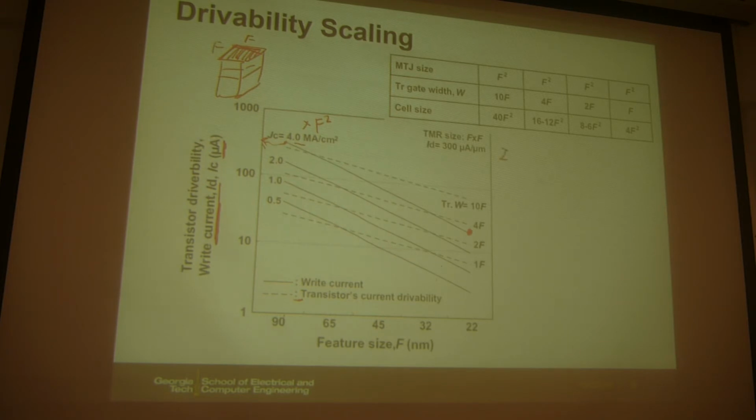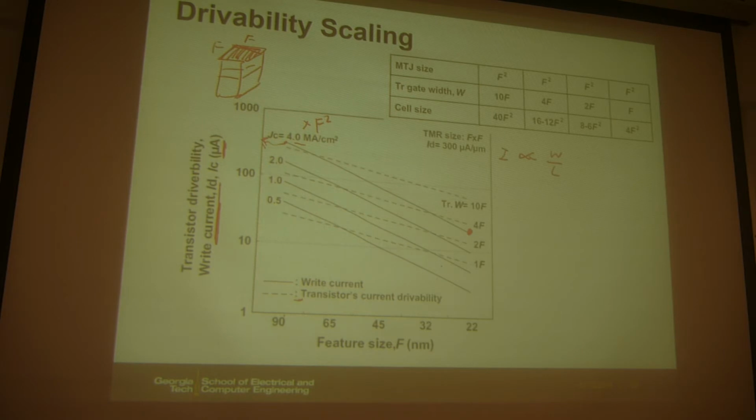And you know the saturation current is proportional to what? W over L, right? So with the scaling of the feature size F, that means actually W is scaling. So the transistor current, let's say per transistor, is reduced.